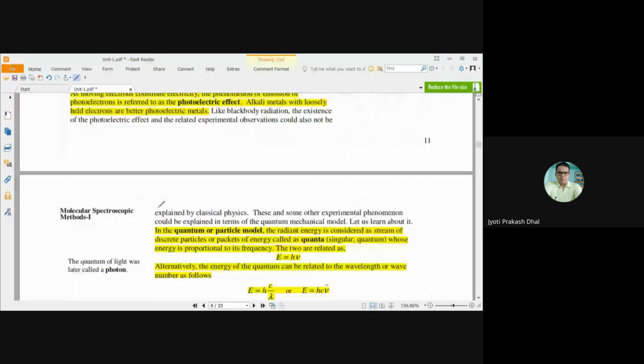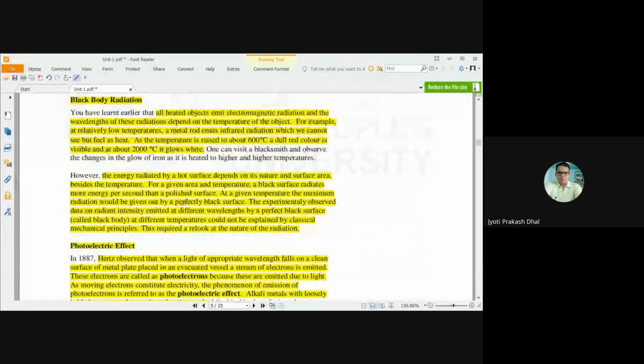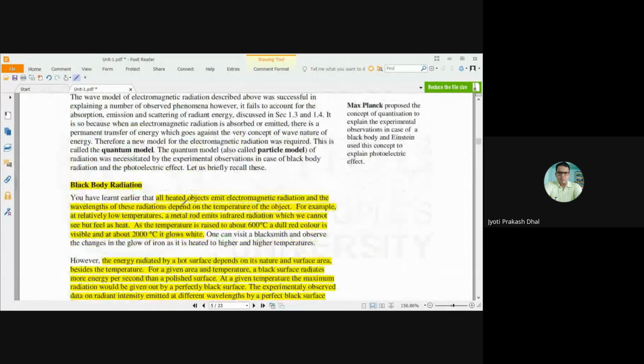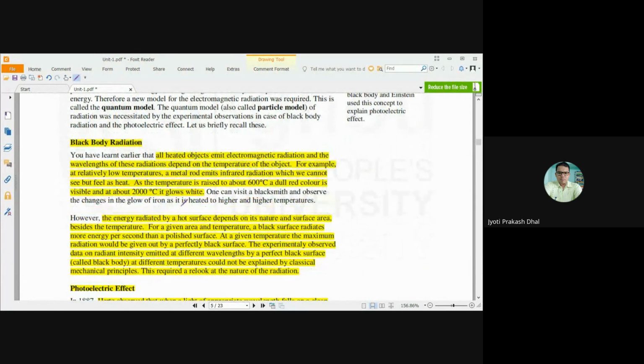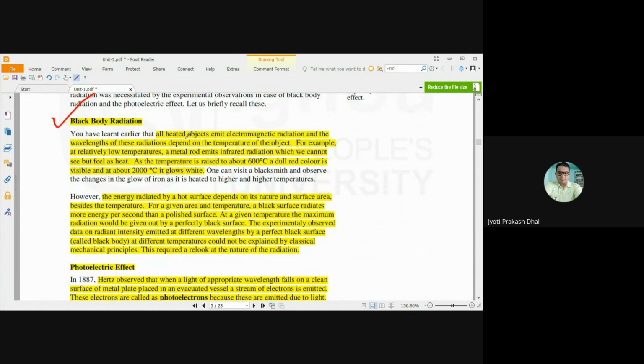Before going to the quantum mechanical model, we should discuss the origin of quantum mechanics, why quantum mechanics arose apart from classical mechanics. The first effect is black body radiation. All heated objects emit electromagnetic radiation, and the wavelength of this radiation depends upon the temperature of the object.